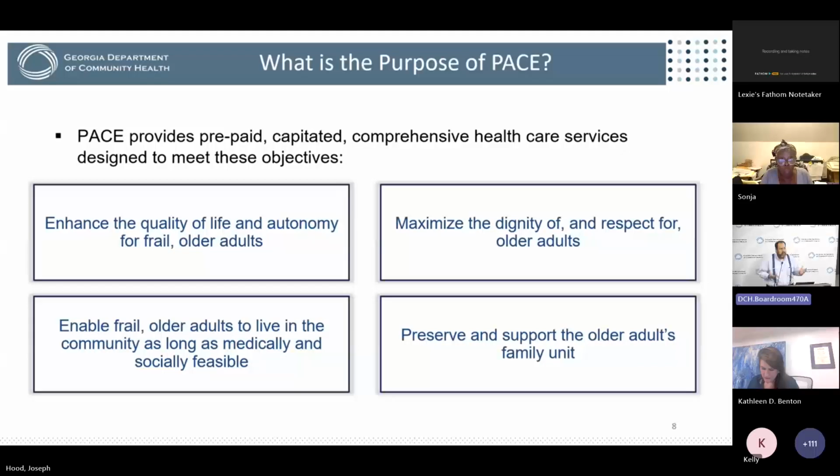So what's the purpose of PACE? PACE provides prepaid, capitated, comprehensive healthcare services, and they're really designed to enhance the quality of life for frail older adults and their choice and their ability to live in the community.